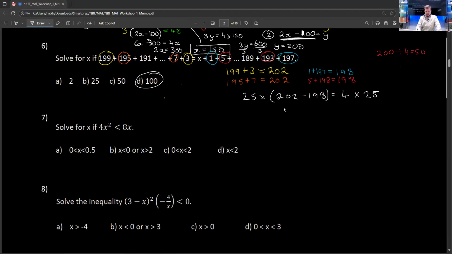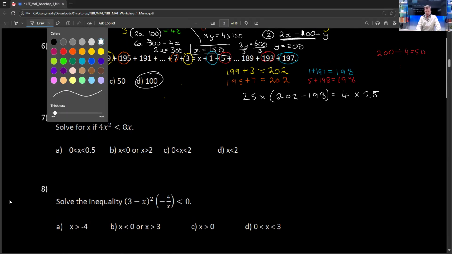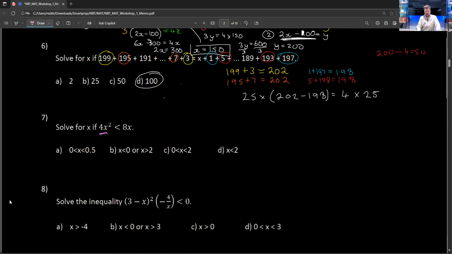Now, I'm going to assume that the maths lit guys will be okay with some of the other questions, but not when we have 4x squared, because this is now algebra. So I'm going to tell you a few things that you need to keep in mind to do this.